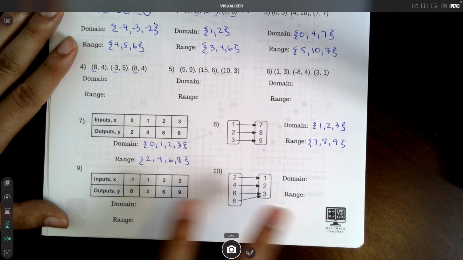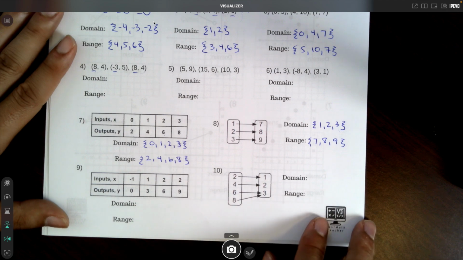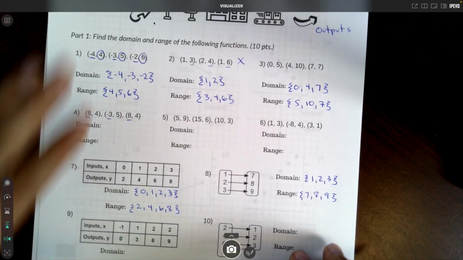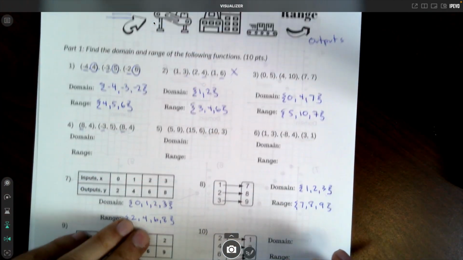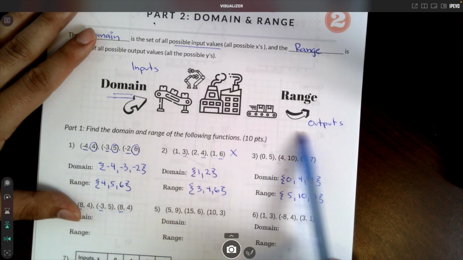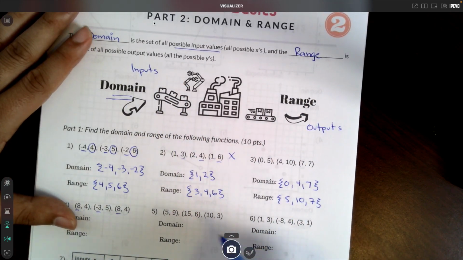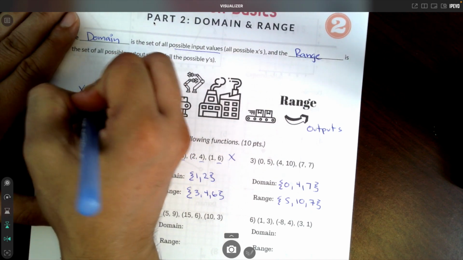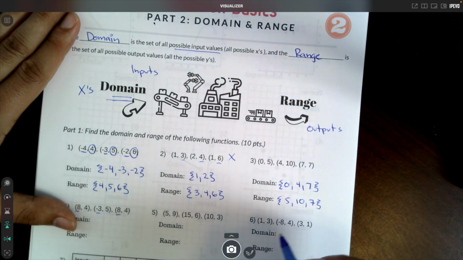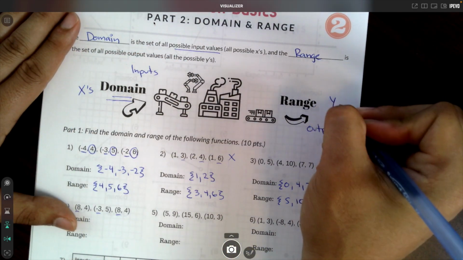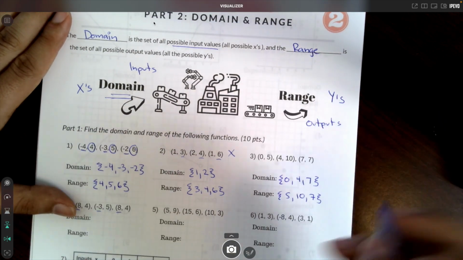I'm gonna let you guys do these two, so I don't steal all your fun. But that's domain and that's range. Range is what goes out. Domain's what goes in. Domain are also all the x's. And the range is all the y values, all the y's. Okay.